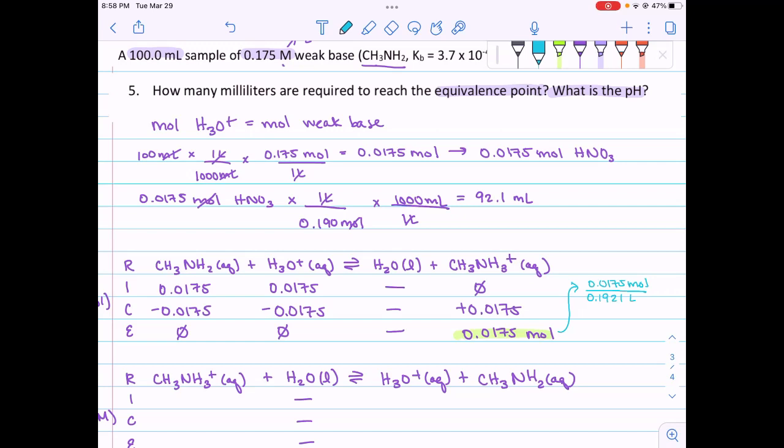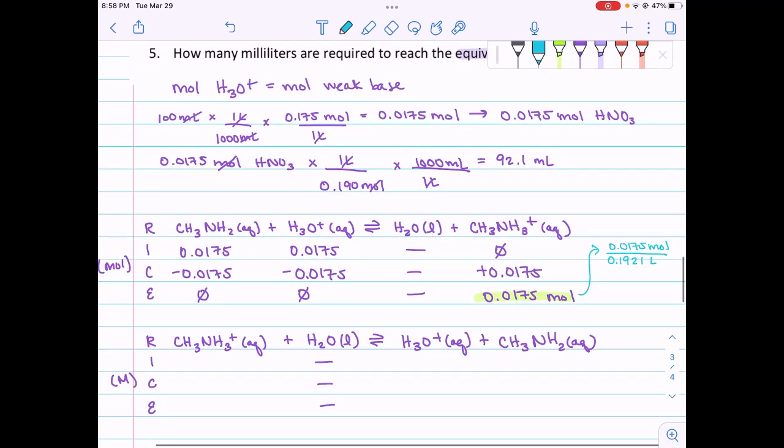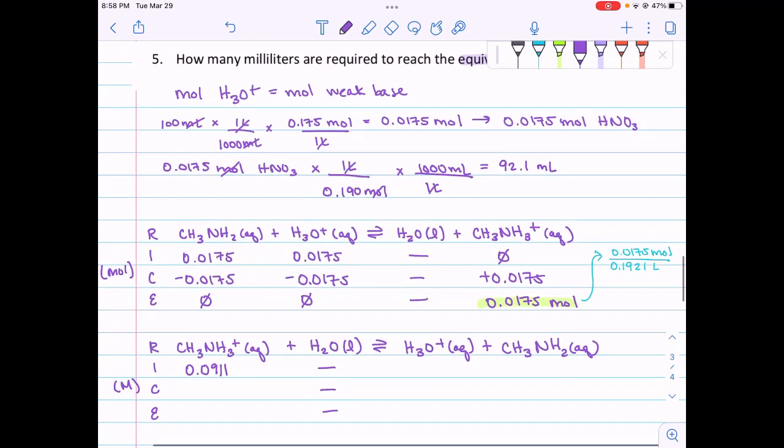That'll give us a concentration of 0.091. We'll do one more significant digit, so that gives us a second one. So this is our initial concentration of our weak conjugate acid.